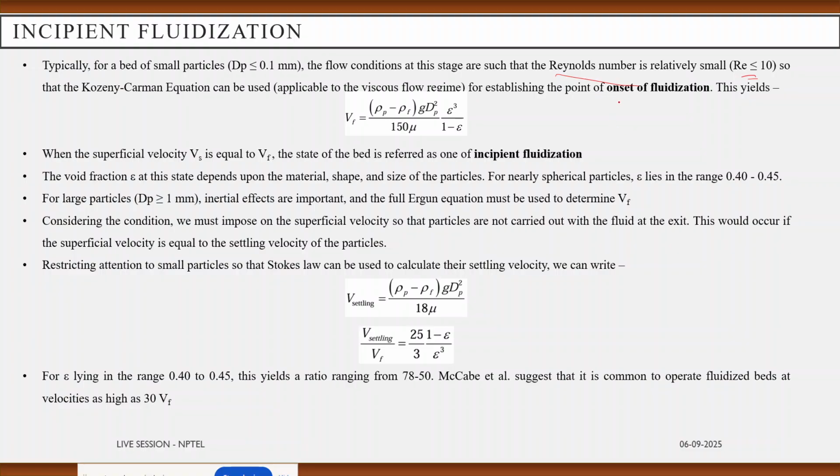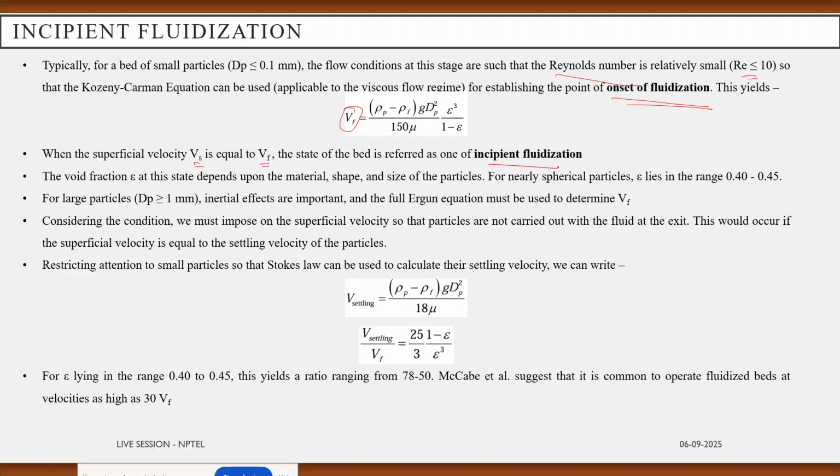So at the point of onset of fluidization, according to the Kozeny-Carman equation, we can write the fluidization velocity in this term.